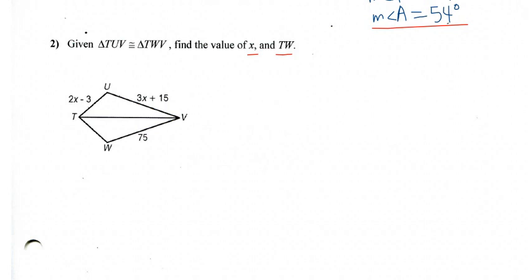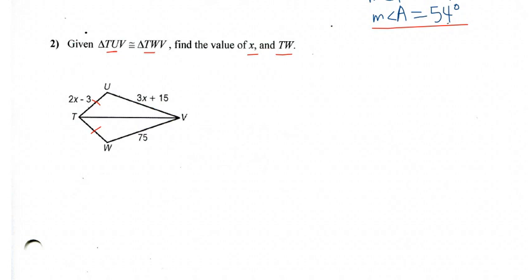So now these 2 triangles are congruent. And so by the way that the triangles are named up here, we would know, for example, that the segment TU would be congruent to the segment TW. So TU is congruent to TW.